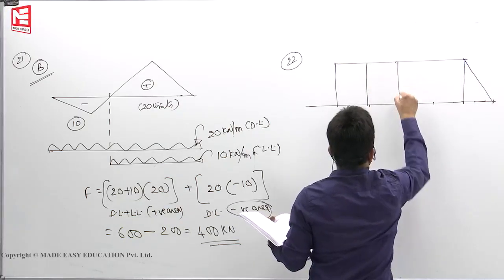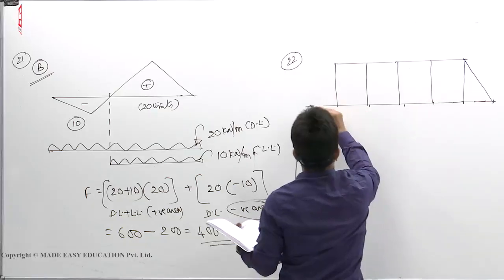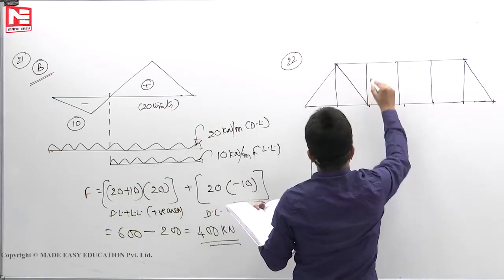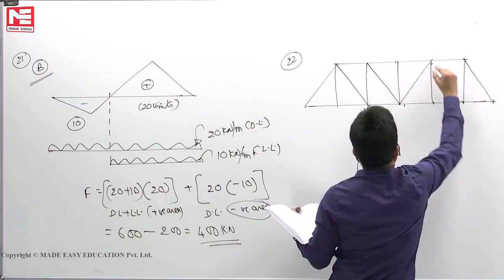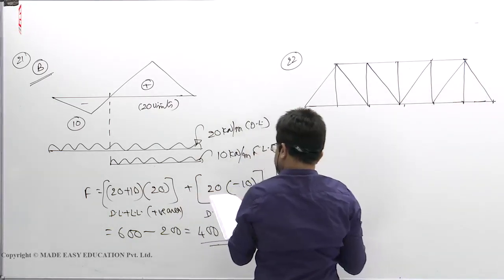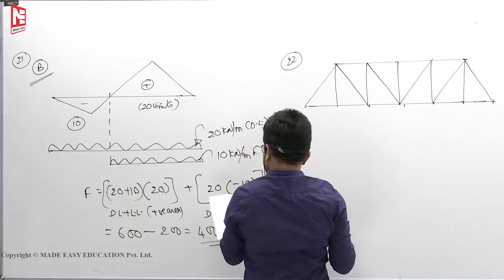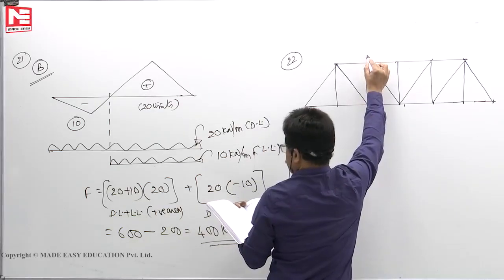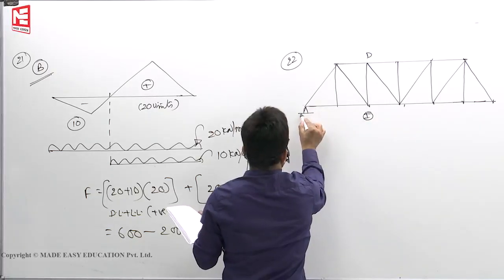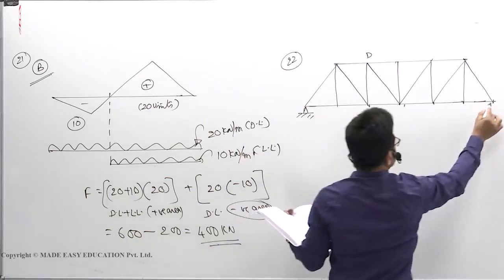Like this was given. This is this way, this way. Okay. Whatever dimensions they have given, we wanted this, this is D, this is I. I'll cut it like this.